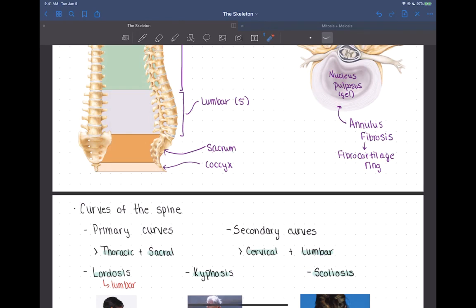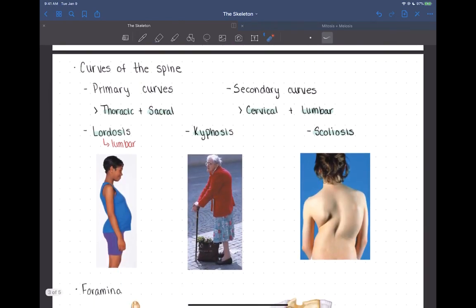And then kyphosis, you can see here, that's kind of a hunchback curvature of the spine. So she has an exaggerated curvature of the thoracic region. This would affect the thoracic portion of the vertebral column. That's kyphosis. Kyphosis would be someone who's hunchback.